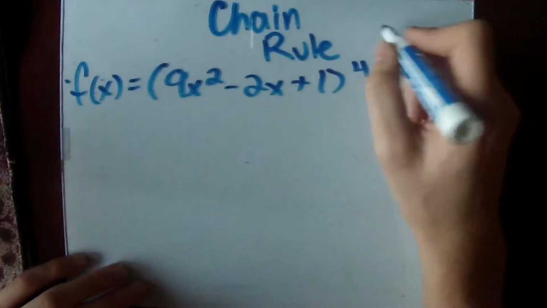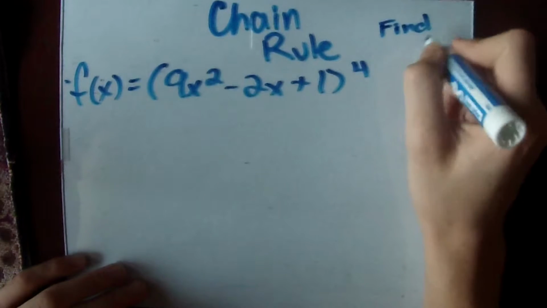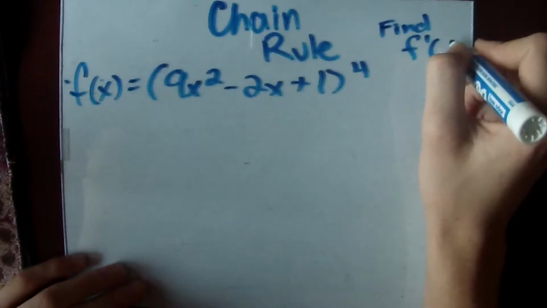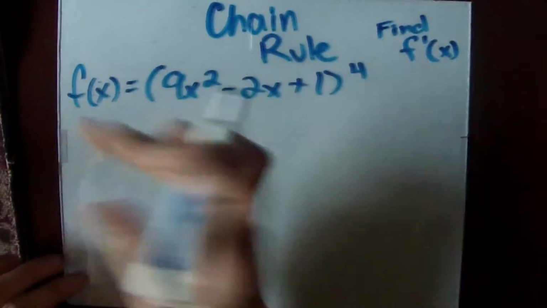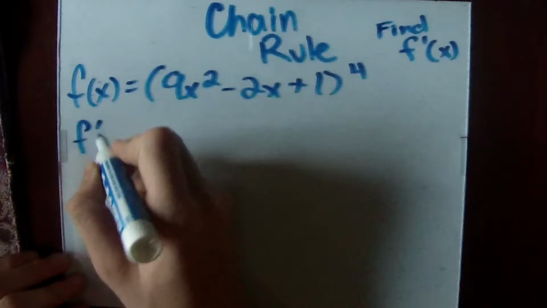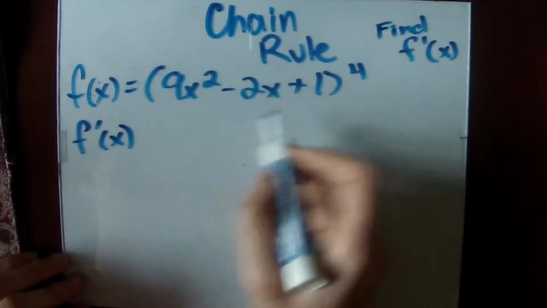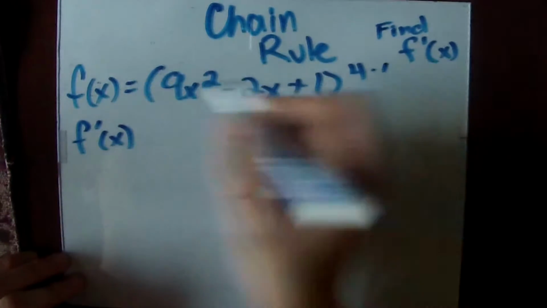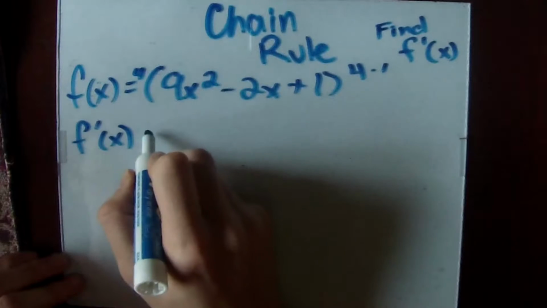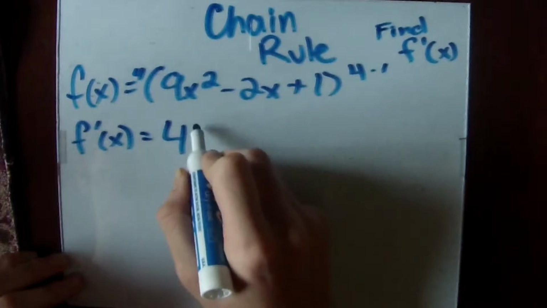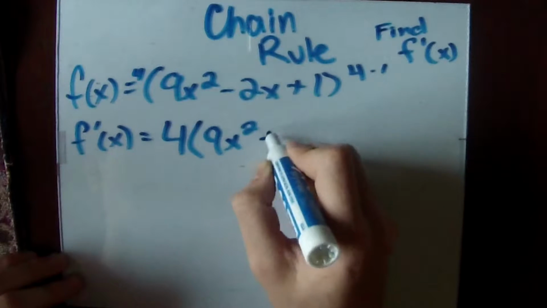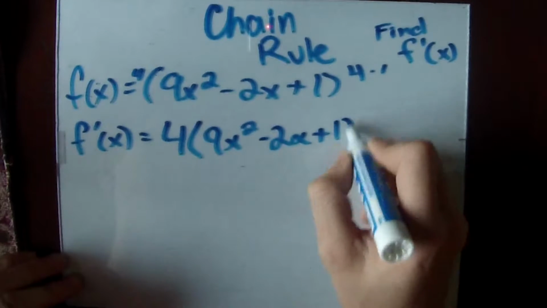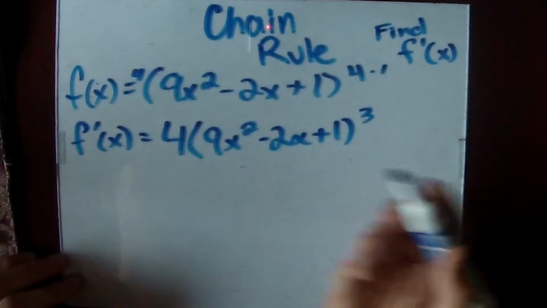So if you want to find f prime of x, which is the derivative, what you're going to want to do is the same as we did before. So we're going to move 4 over here and subtract 1 from it, so that's going to be 4 times (9x squared minus 2x plus 1) to the 3rd power.